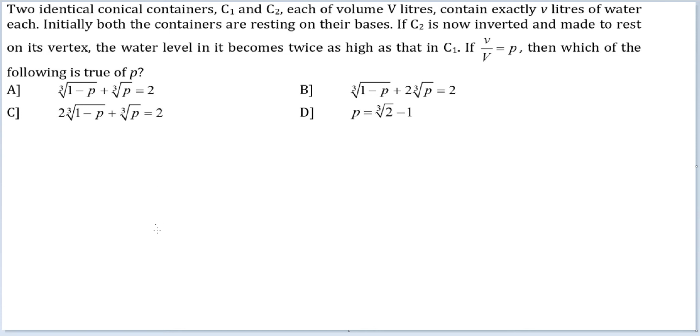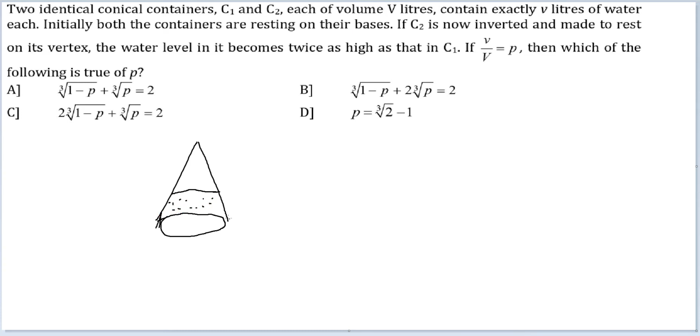Okay, let's see. So first let's draw container C1, then there is water filled up here to some degree.